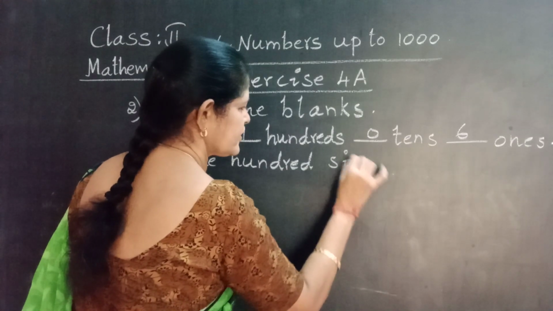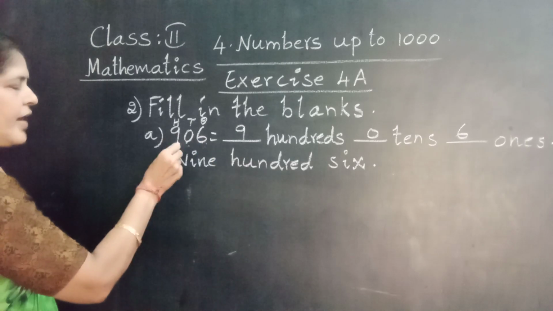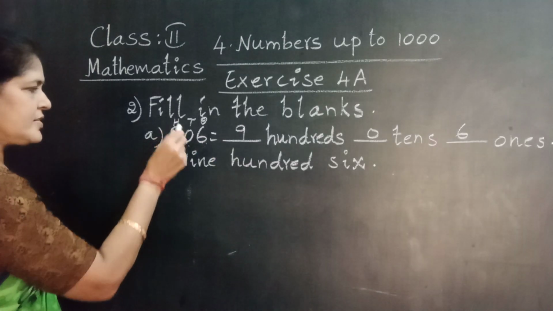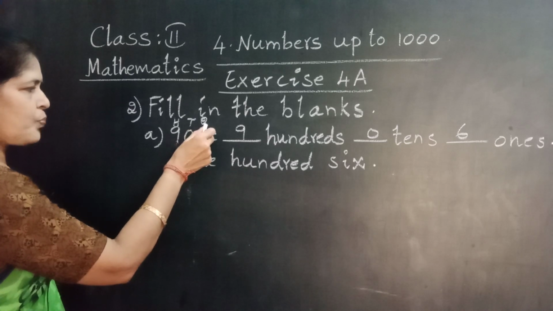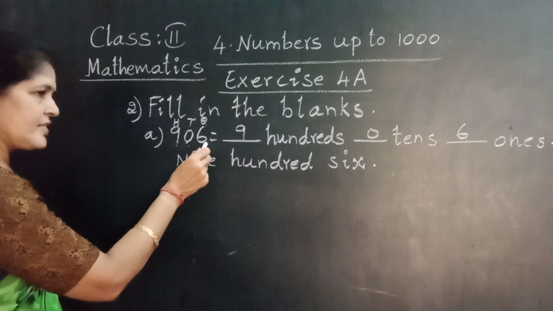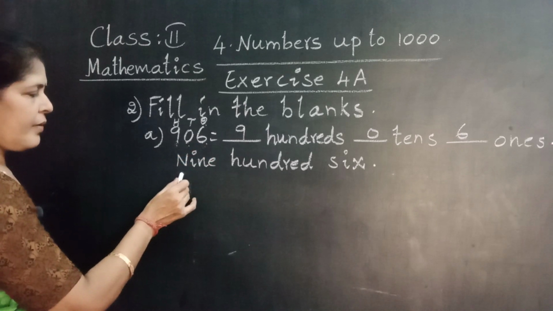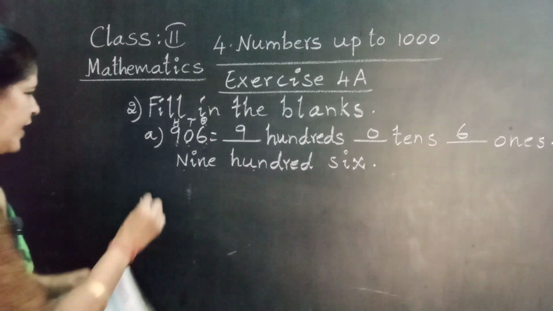SIX. 906, that's all. This is the number name of this number. 9 is in the hundreds place, 0 in the tens place, 6 is in the ones place. This number is read as 906. Go to question B, Nana.